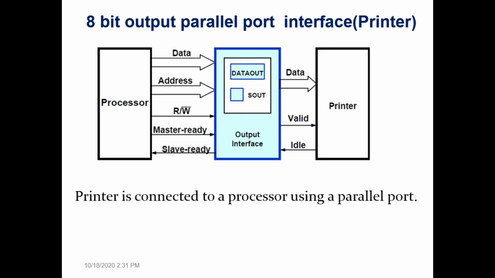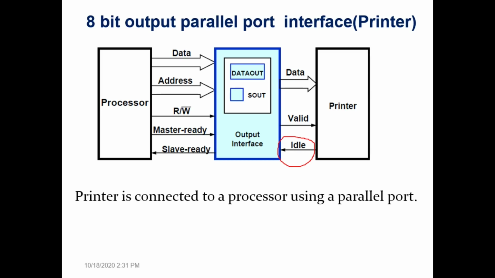On the right side, where the interface circuit is connected to the printer, there are 3 important signals: data, valid and idle. What happens is, when the printer is done with the previous work, when it has printed all the data and it is free, then the printer makes the idle signal 1 to indicate to the interface circuit that it is free and can print more data.